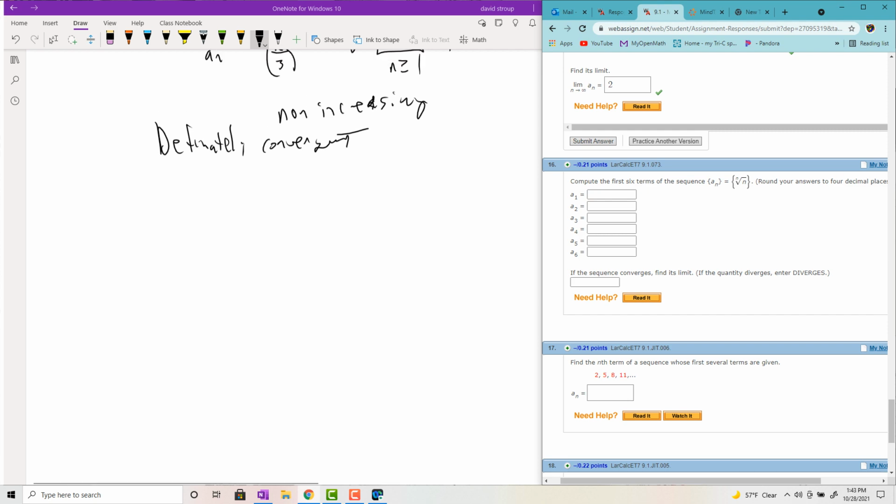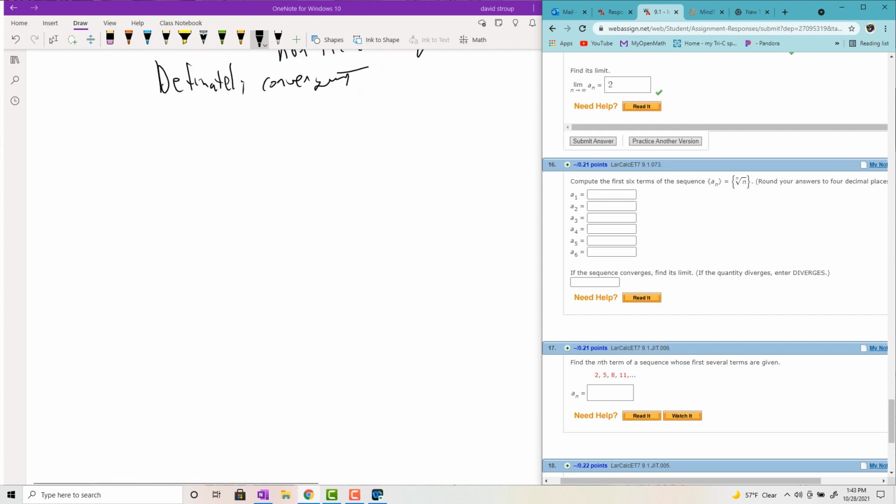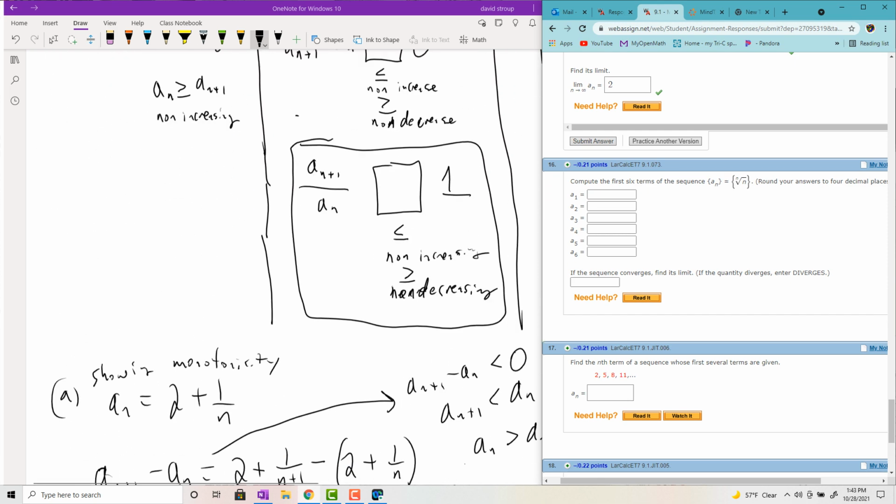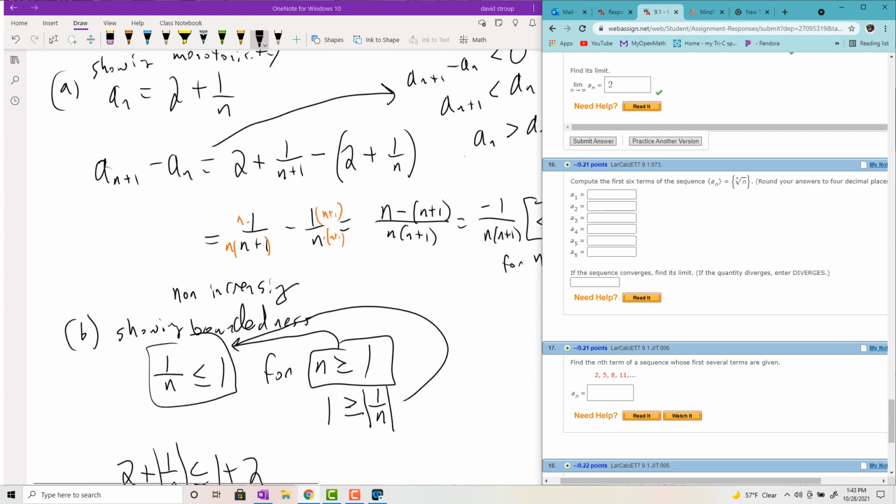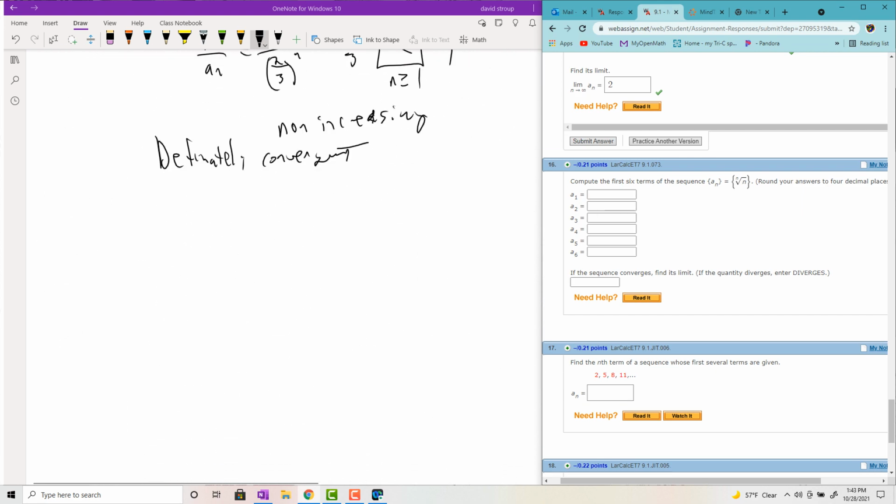We're also going to need to harken back to the strict definition of a limit. So let me just remind you again of the strict definition of a limit. Okay, so this will be part, I guess, C, the proof.